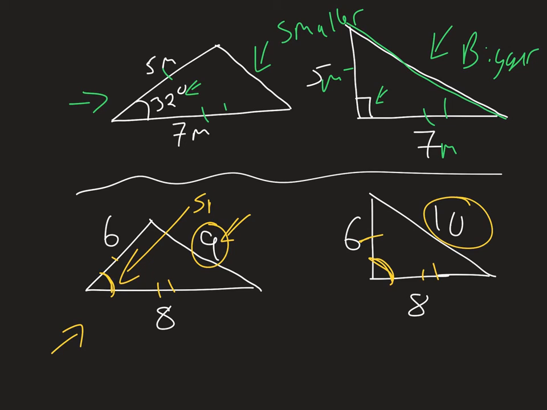So this is the smaller angle because technically it has a smaller side opposite of it, and this is a bigger angle because it has a larger side across from it. If I'm comparing between the two triangles, this angle on the 10 triangle must be greater than the one with the 9. And that's Hinge theorem at its core.